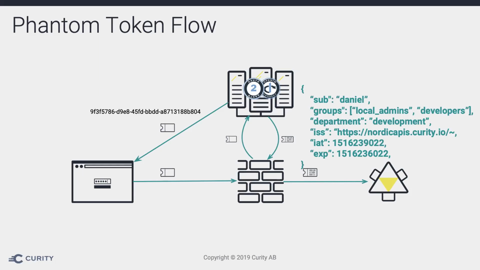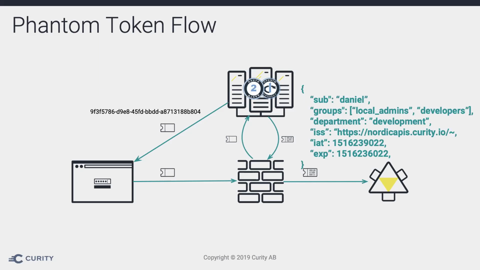On the left, the evil internet side, we have an opaque token with no data. On the right-hand side, we have a by-value token, a JWT, with all the data. APIs can validate that these tokens are coming from a trusted source, that they're still valid, and that they're issued by Curity, and can take all the data from them and create their authorization decision.